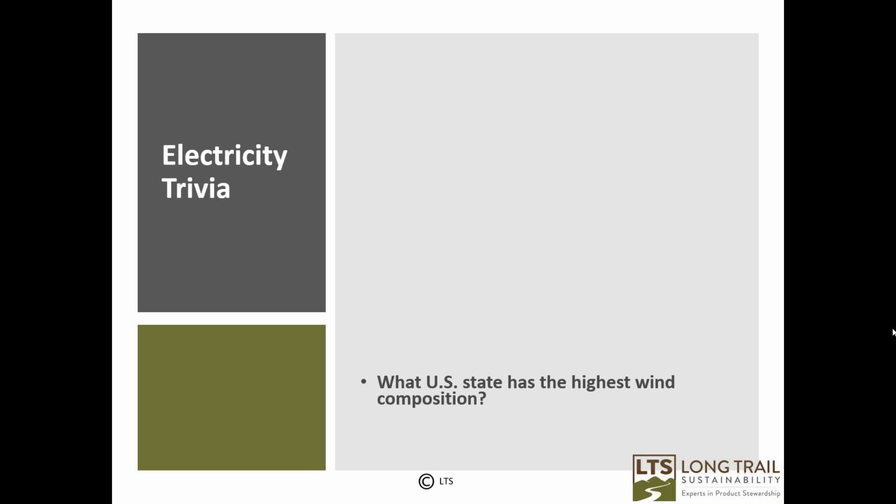North Dakota, Oklahoma. Oh, great guesses. And you're in the right latitude here. The highest wind composition is Kansas with 36.6%. So thanks for participating in that electricity trivia.